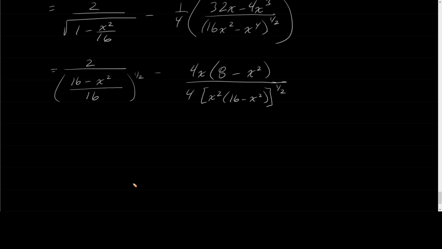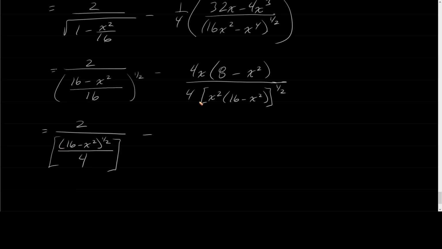All right. Now, in here, in this first one, I've got this fraction raised to the 1/2. So what I really have here is 2 over, well, 16 minus x squared to the 1/2 over 16 to the 1/2, which is 4. All right, we'll deal with this in a second.